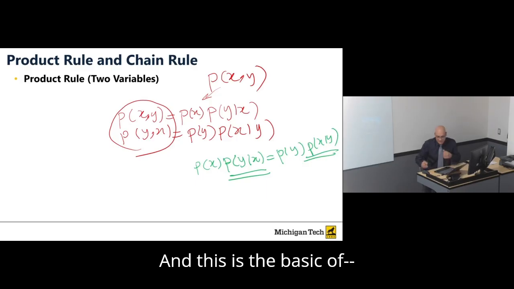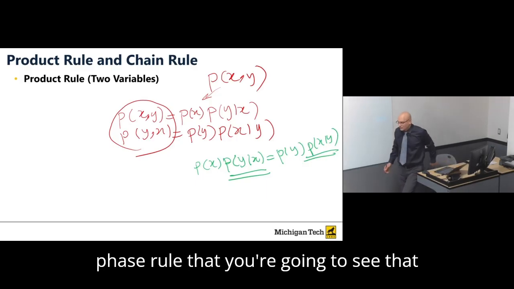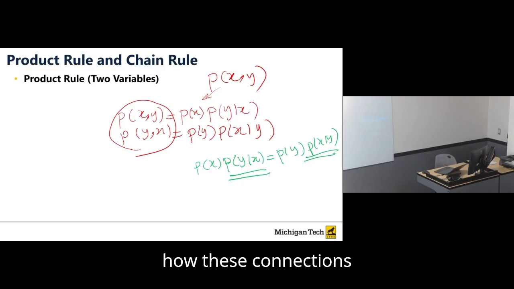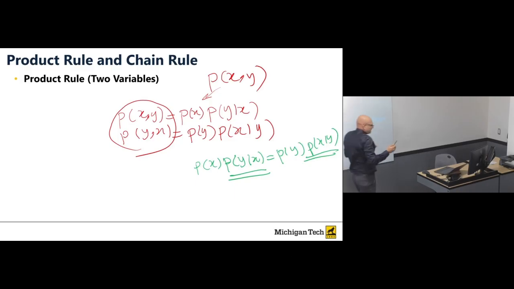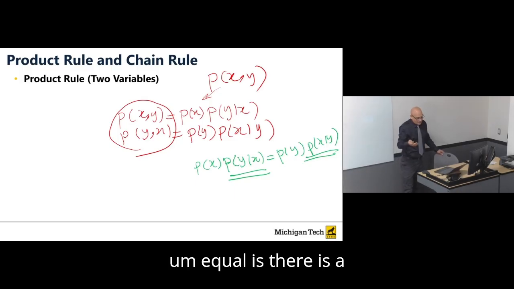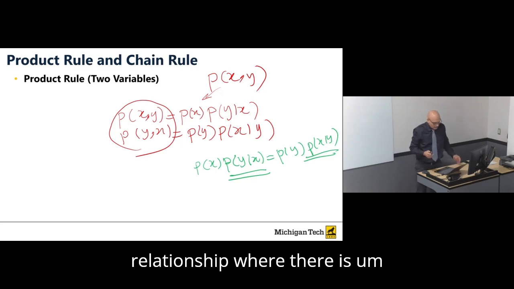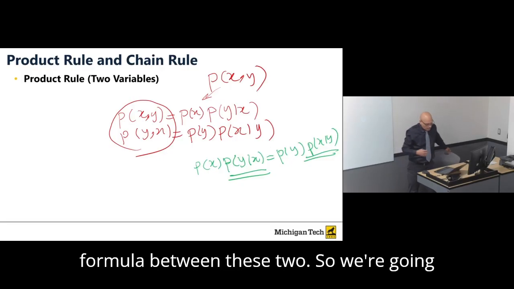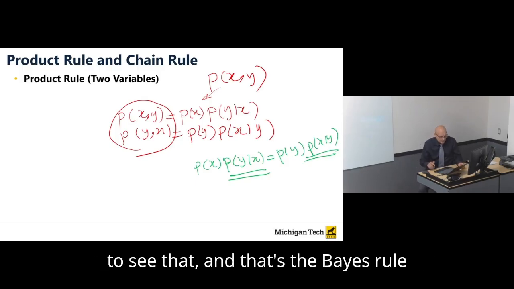And this is the basis of Bayes' rule that we're going to see on the next slide. I just wanted to show you here how these connections are created. There is some formula between these two, and that's the Bayes rule on the next slide.